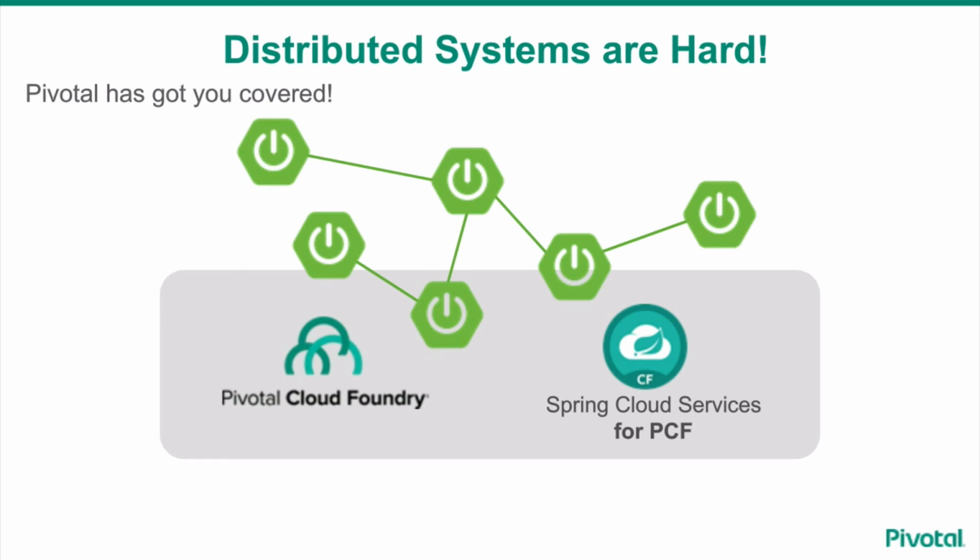Distributed systems are hard. You need dynamic service discovery, circuit breakers, essentially all the patterns for resiliency. These patterns for resiliency have to be provided by the platform, in our case, Pivotal Cloud Foundry, or they have to be baked into the application.